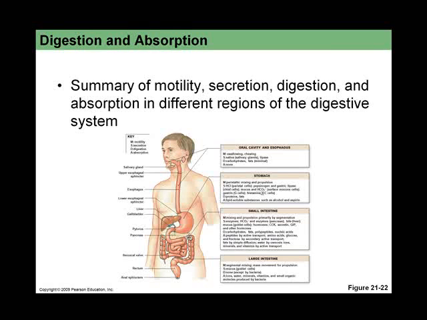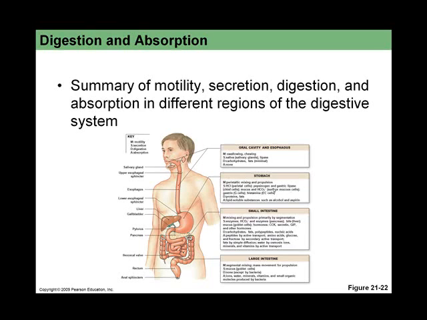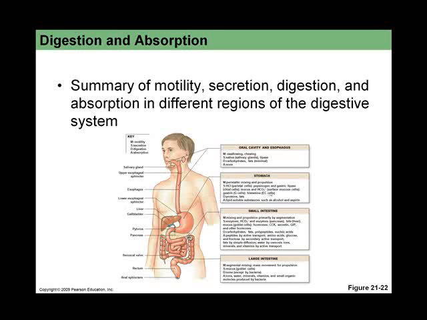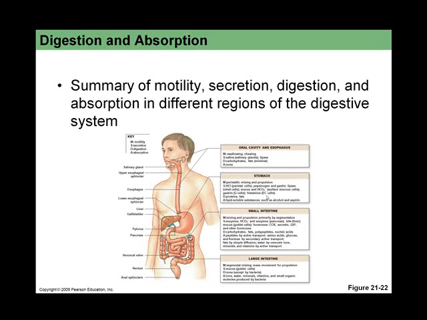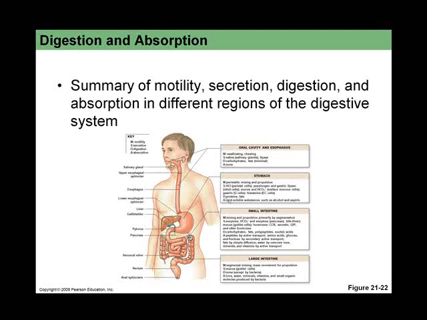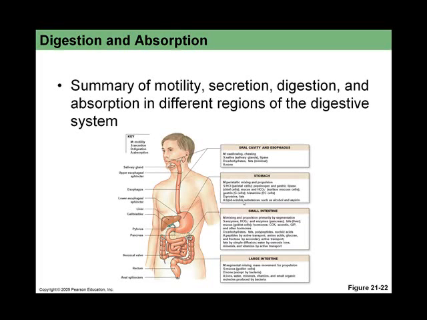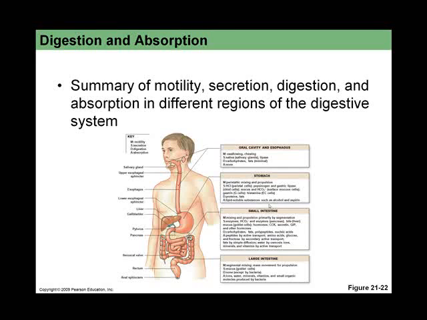The mucus and the bicarbonate will be secreted by the surface mucus cells, gastrin from the G cells, and histamine from the EC cells. Digestion of proteins and fats will occur, and for absorption there will be some lipid-soluble substances, and of course alcohol and aspirin are absorbed here.